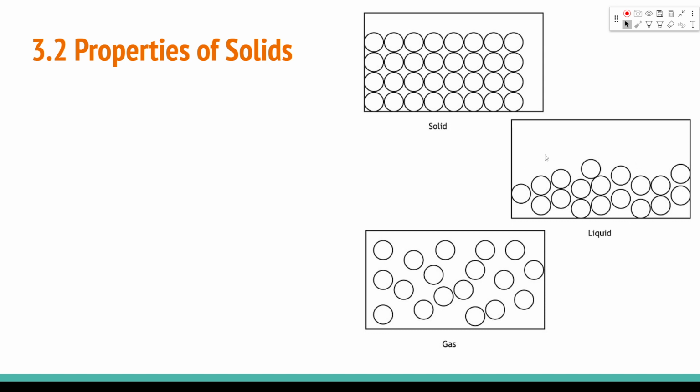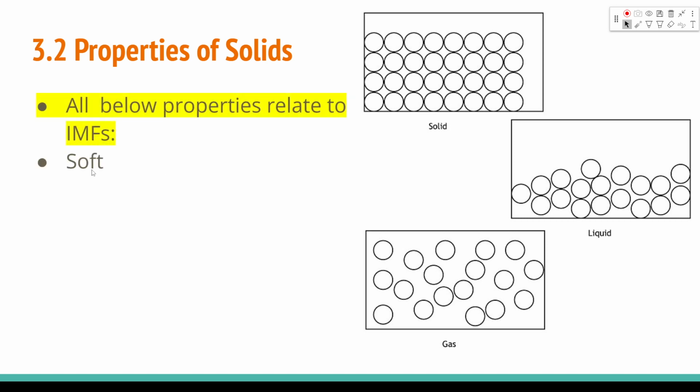For IMFs, again, it's not a very strong force, so the melting point for covalent compounds is going to be very, very low. They're soft in general. If I happen to touch it without hurting myself, they are very soft for our covalent guys.